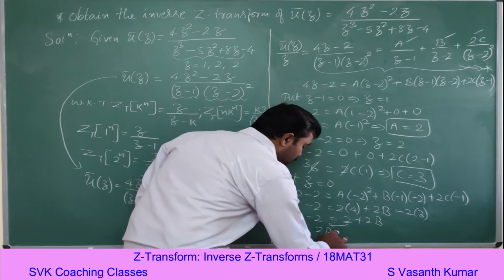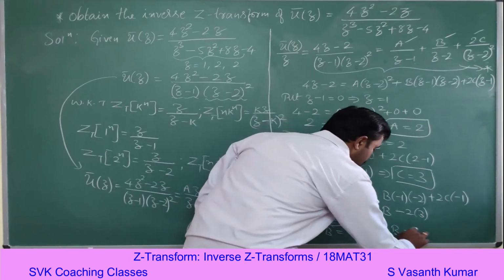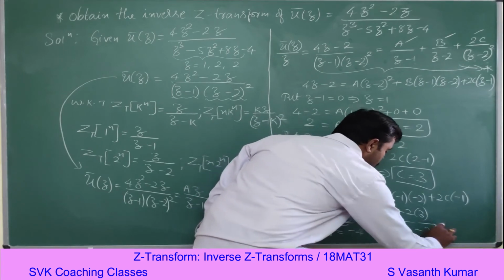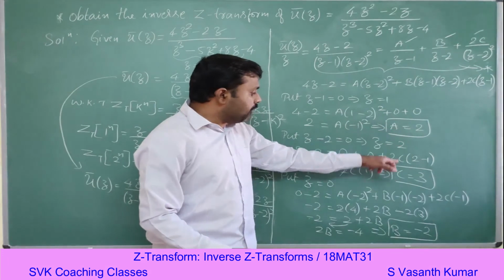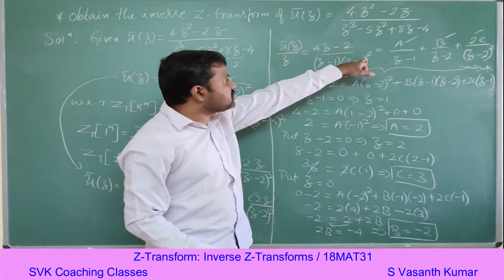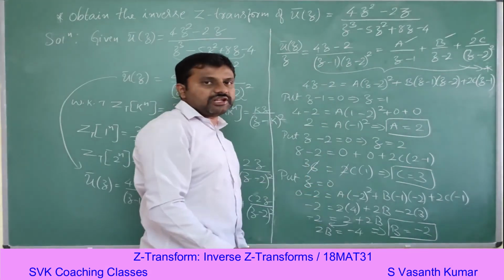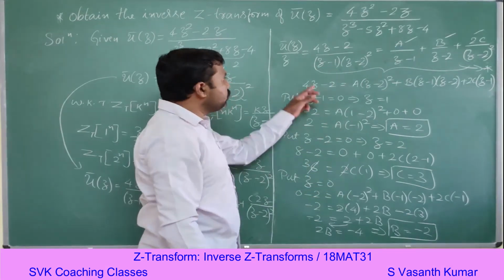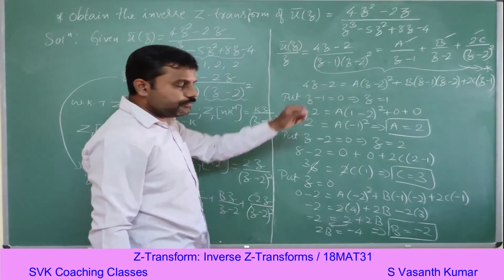So 2b equal to minus 4. So from this, b equal to minus 2. I got the value of b as minus 2. Now substituting A, B, C values in equation star and multiplying by z and taking Z-transform inverse on both the sides, we are going to get the value of u n for the given problem.